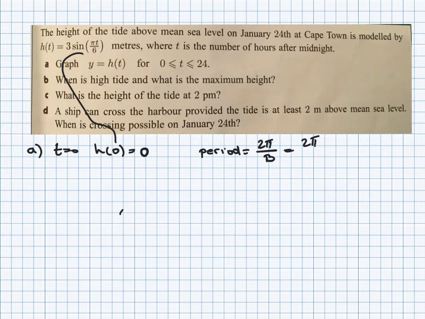So you divide by pi over 6, and by multiplying and cancelling out, pi gone, you're going to have 12, so 12 hours. That is our period.